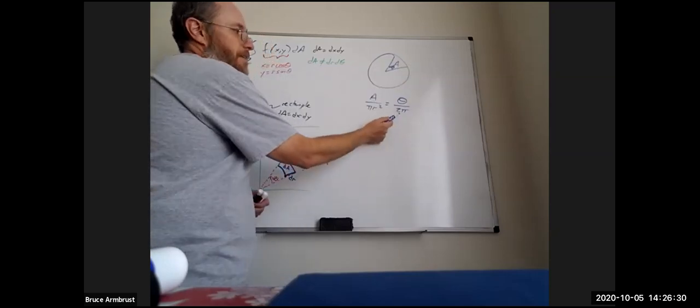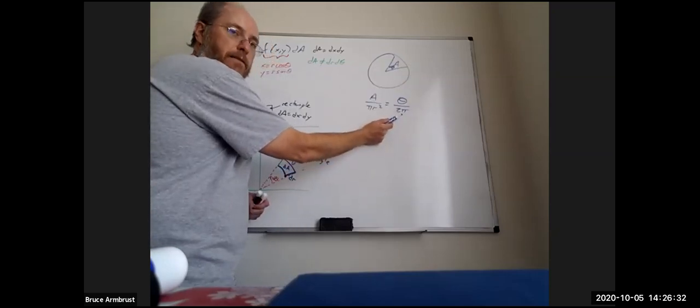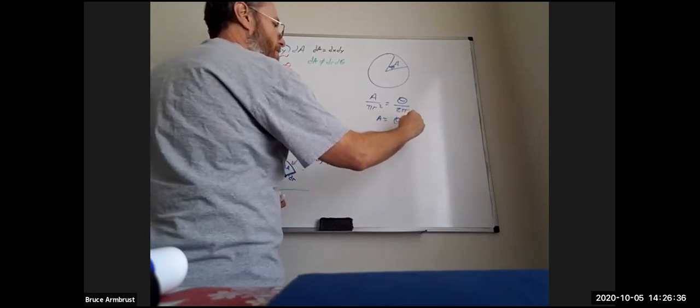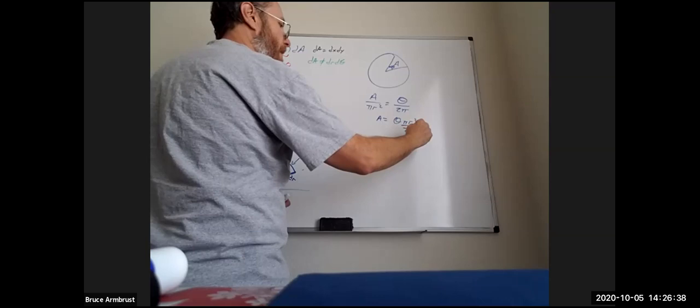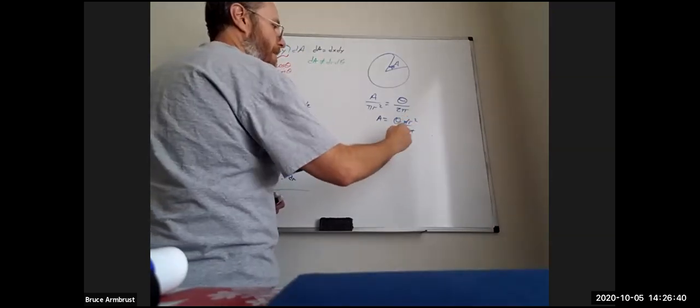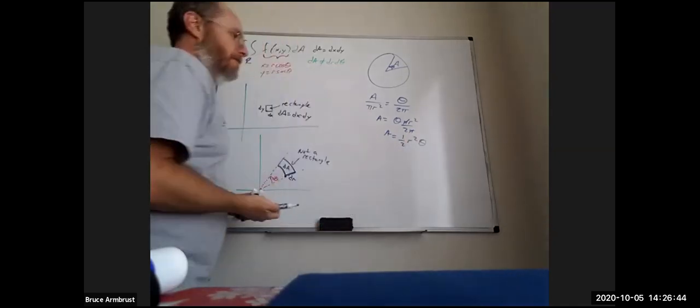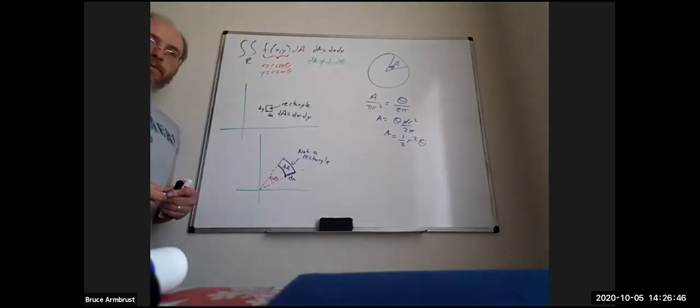So there's the divide by 2 pi. You get area equals theta times pi r squared divided by 2 pi. The pi's cancel, so you get 1/2 r squared theta.